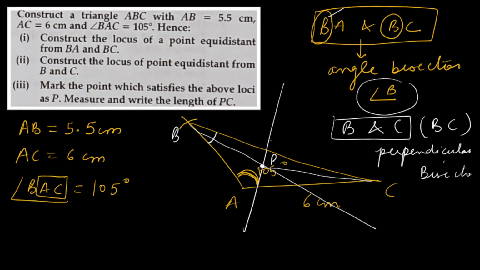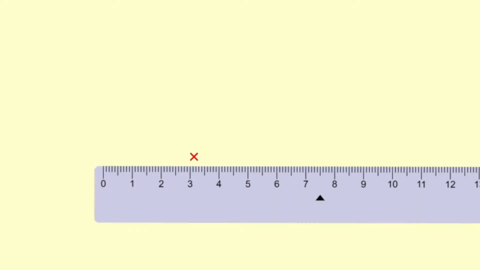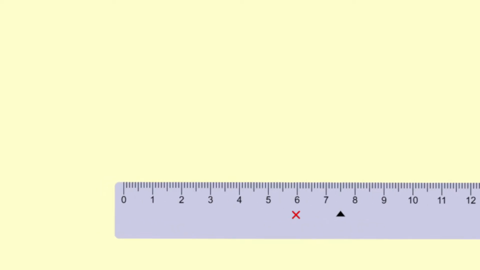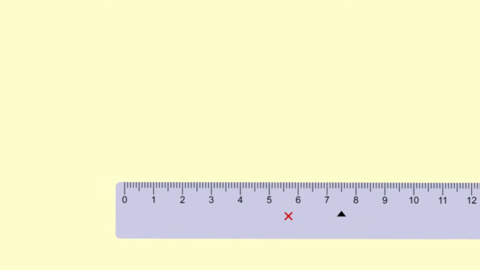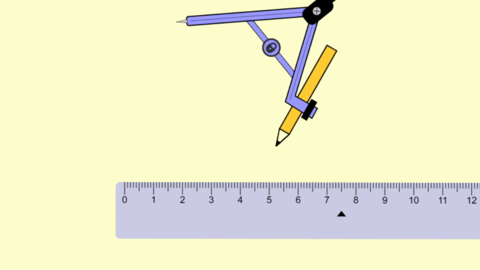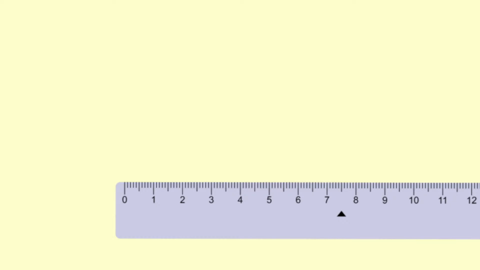So I'm going to now go to my construction screen. First, we have to draw line segment AC, 6 centimeter. Step by step we have to do it.